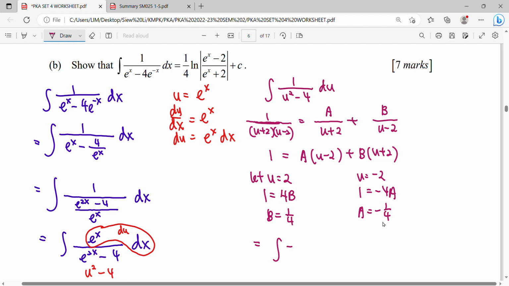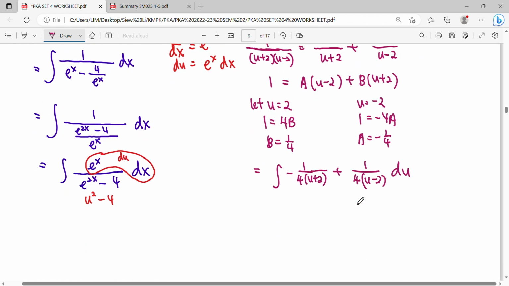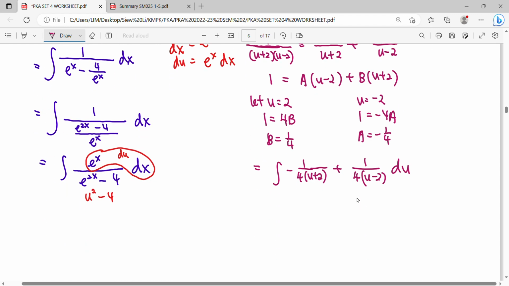Now, in order to integrate this, we are going to integrate A over u plus 2, so A is negative 1 over 4, then u plus 2, plus B, 1 over 4, with the denominator u minus 2, du. So we have substituted this fraction into the partial fractions. Integrate this; 1 over 4 we can take out.